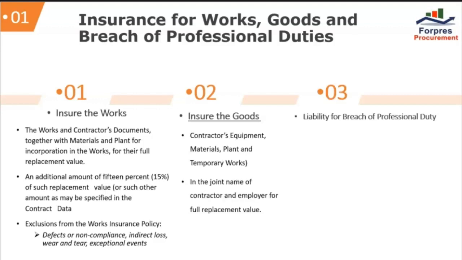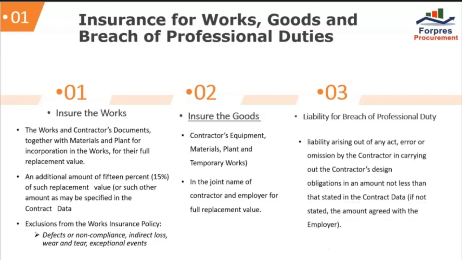Liability for breach of professional duty. Only if the contractor is responsible for the design of parts of the works, it covers the contractor's liability arising out of any act, error, or omission by the contractor in carrying out the contractor's design obligations in an amount not less than that stated in the contract data, if not stated, the amount agreed with the employer.